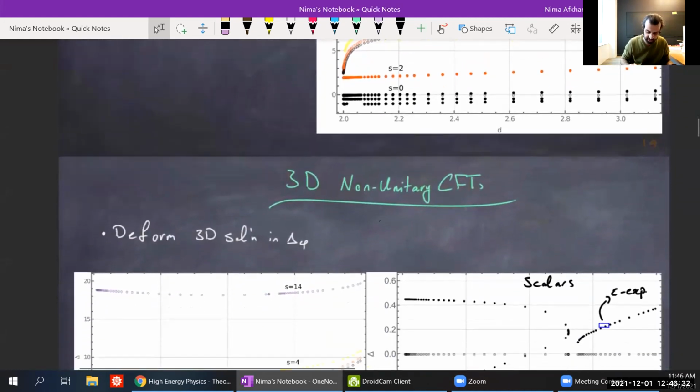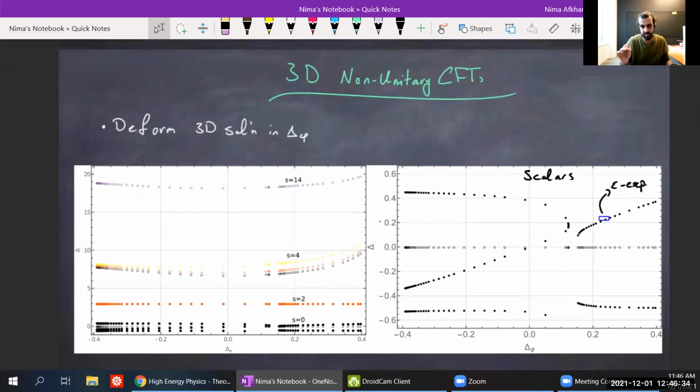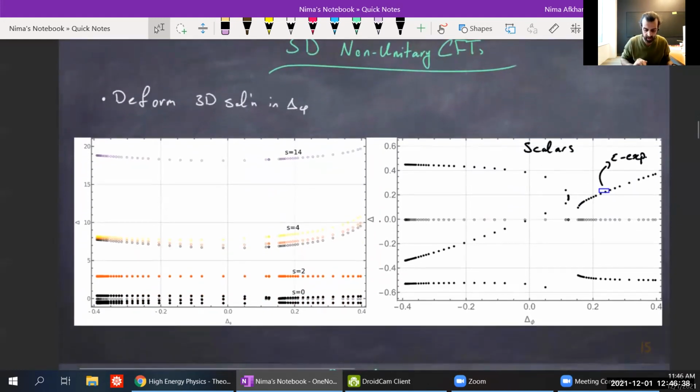Then I can take that solution in 3D and start deforming the external delta phi, and I can plot what the spectrum looks like when I do that. In the 2 figures, I'm plotting the different roots that appear, and the plot on the right is just the scalar root.